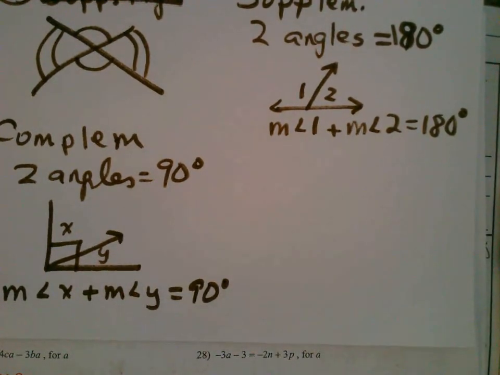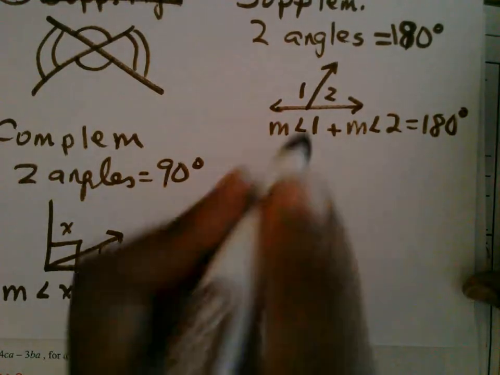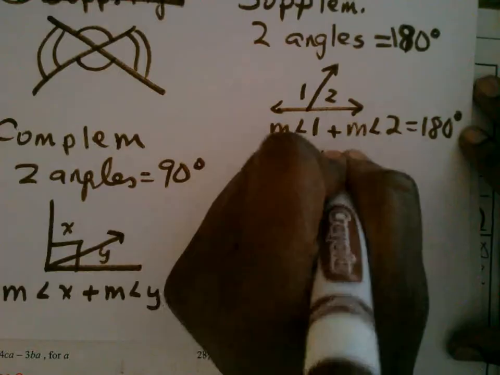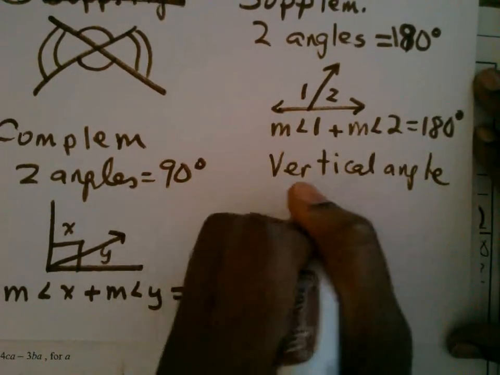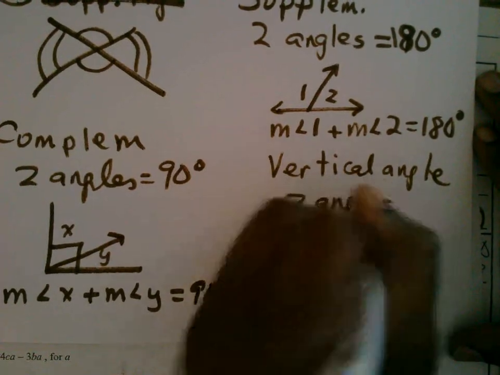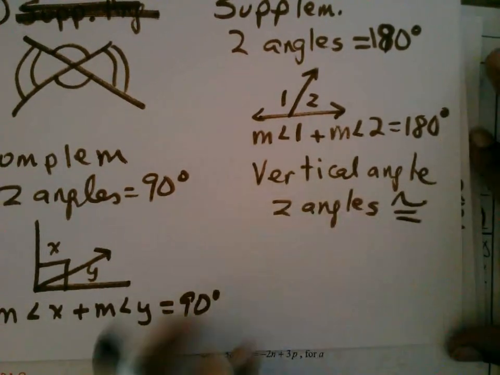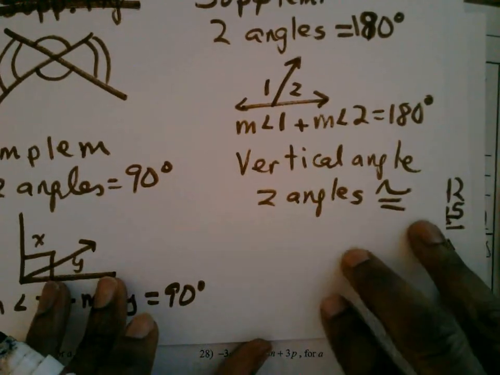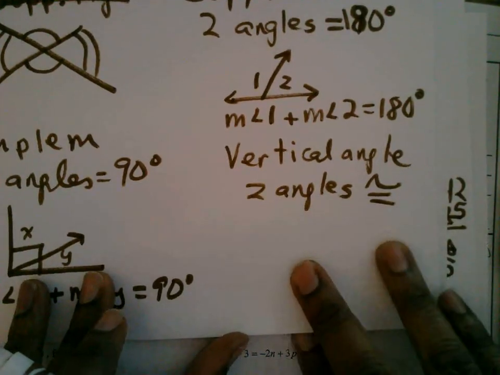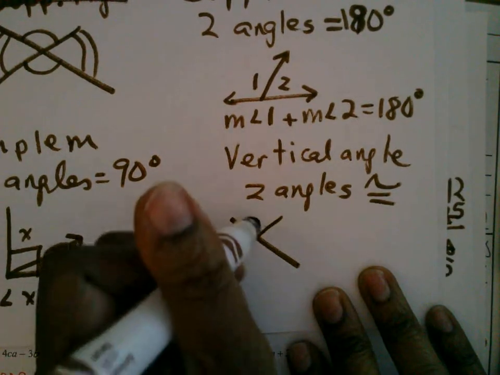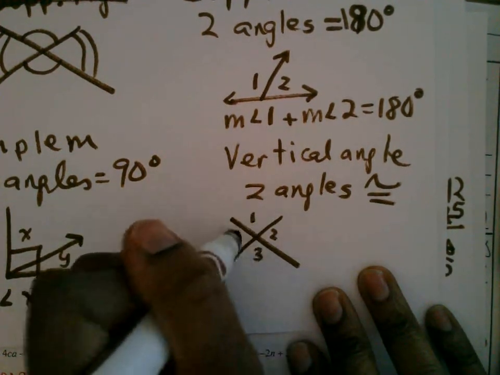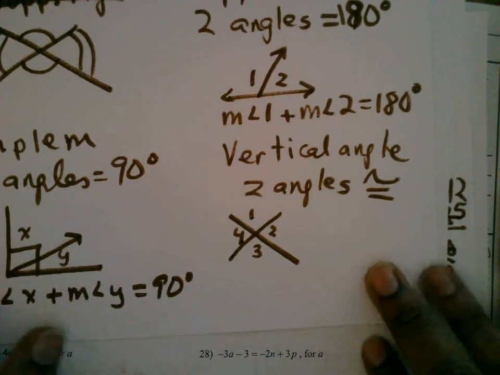Okay, now, is the next word adjacent or is the next word vertical? Well, we know that one. Vertical angles are two angles that are congruent. Look at the symbol for congruent. It's a squiggly line with an equal sign. Let's draw an X and label it 1, 2, 3, 4.